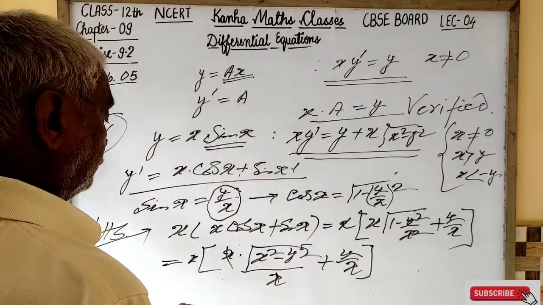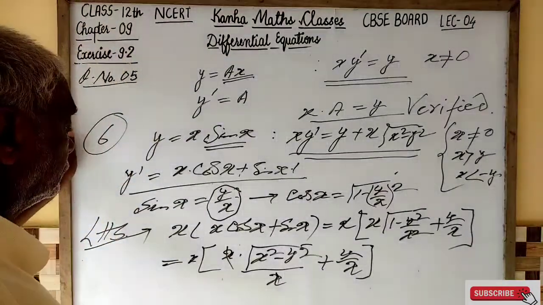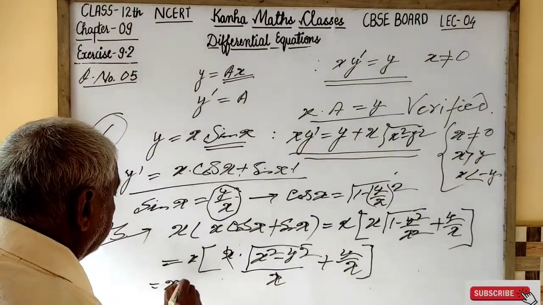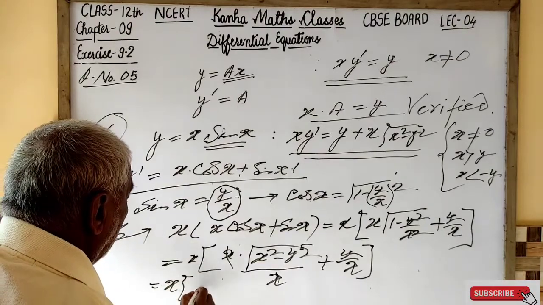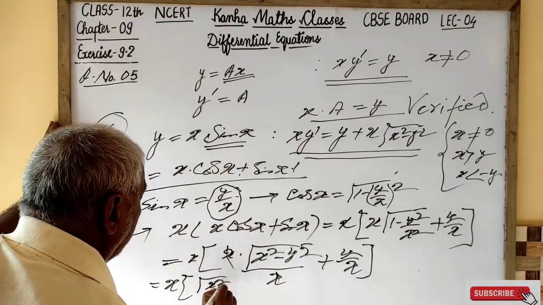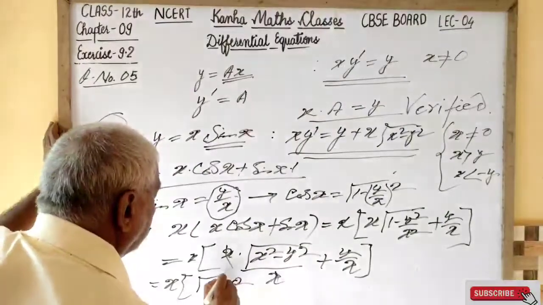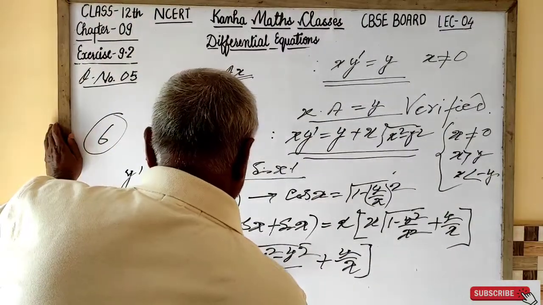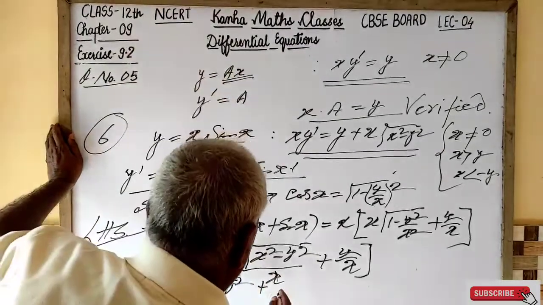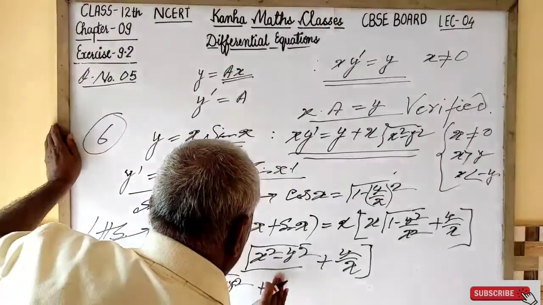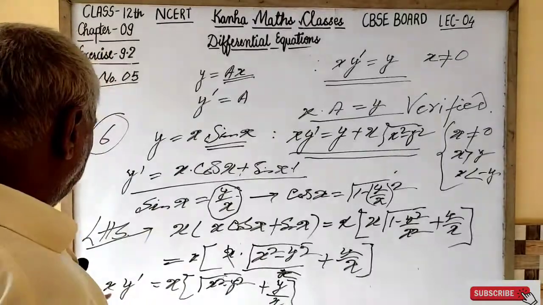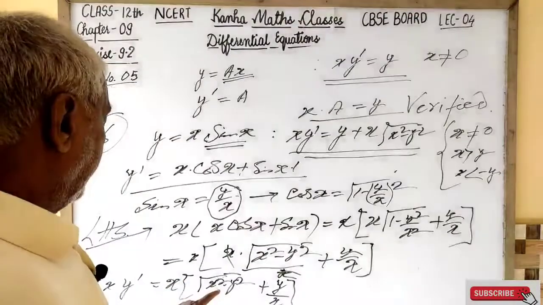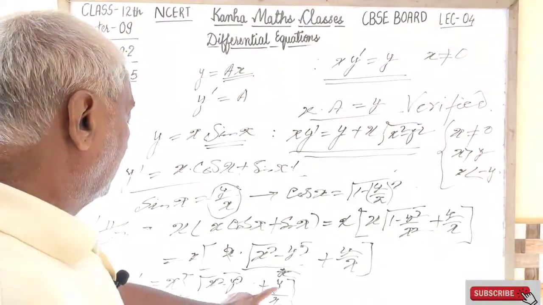Now this will be equal to x under root x square minus y square plus, now here we will write x y dash equal to x under root x square minus y square plus y by x.